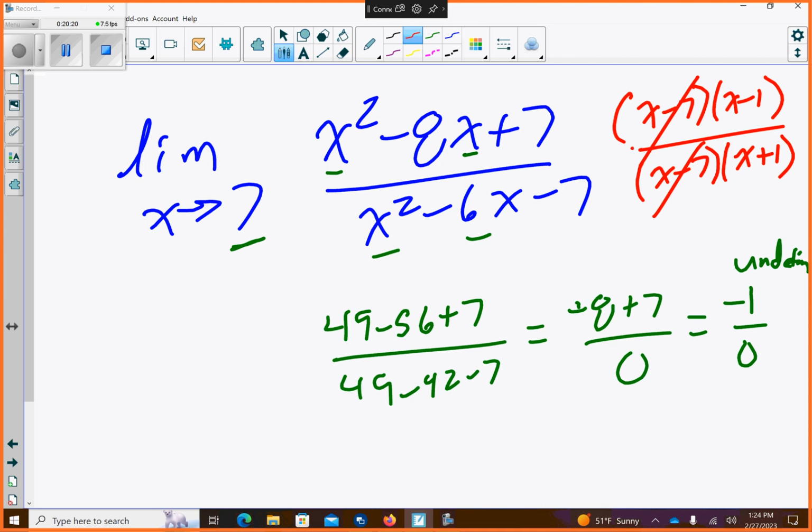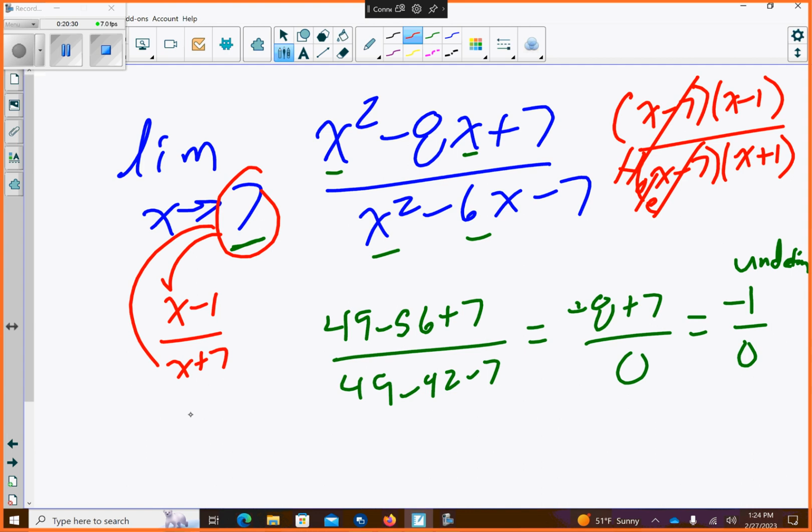That's what made the hole. So then I'm going to take x minus 1 over x plus 1, and directly plug 7 into each. So I get 7 minus 1 and 7 plus 1, which is 6 over 8, which is 3/4. So I was off a little bit.